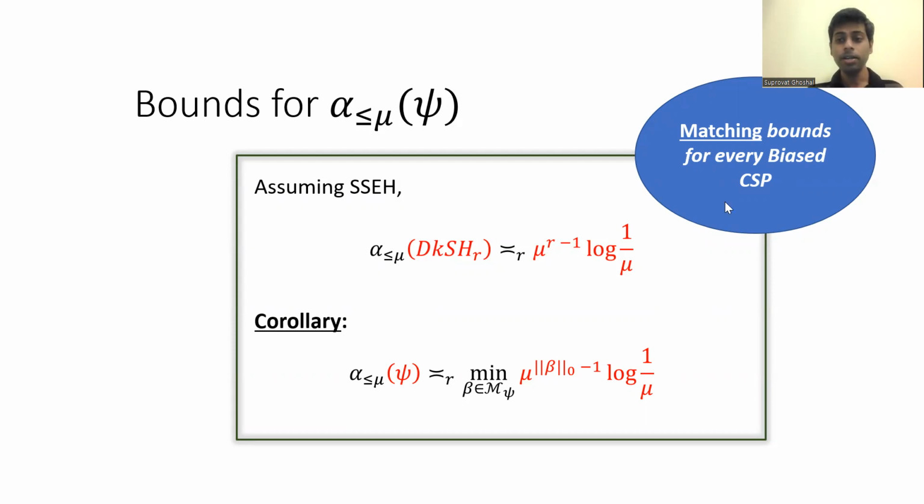And in particular, we get that we have matching upper and lower bounds, matching algorithms and hardness for every biased CSP whenever the IIT is a constant. And this is the final main key result that we have in our paper.